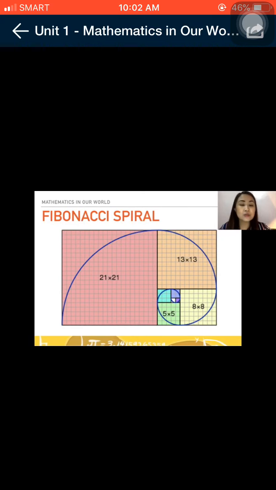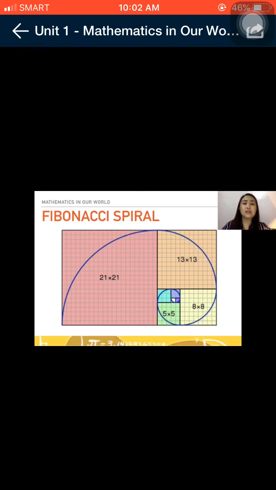And then we extend that to a 2 by 2 square. So 1, 1, 2. The next square will be 3 by 3, 5 by 5, 8 by 8, 13 by 13, and 21 by 21, and so on. If we connect the corners of those squares, we form what we call the Fibonacci spiral.